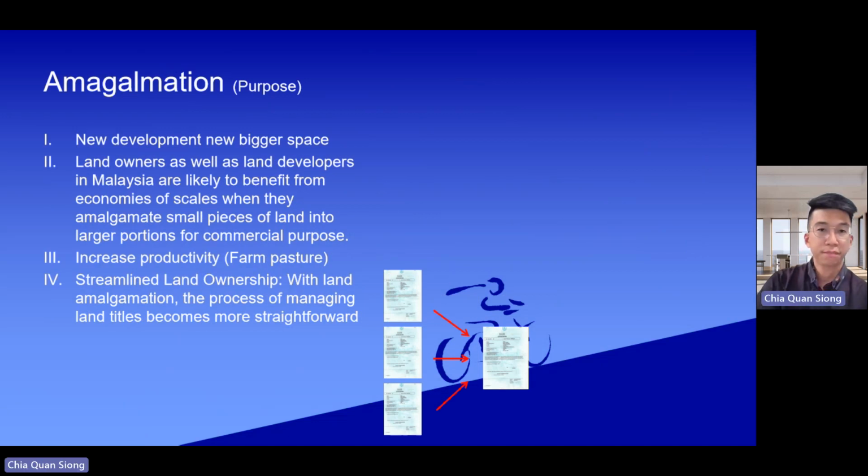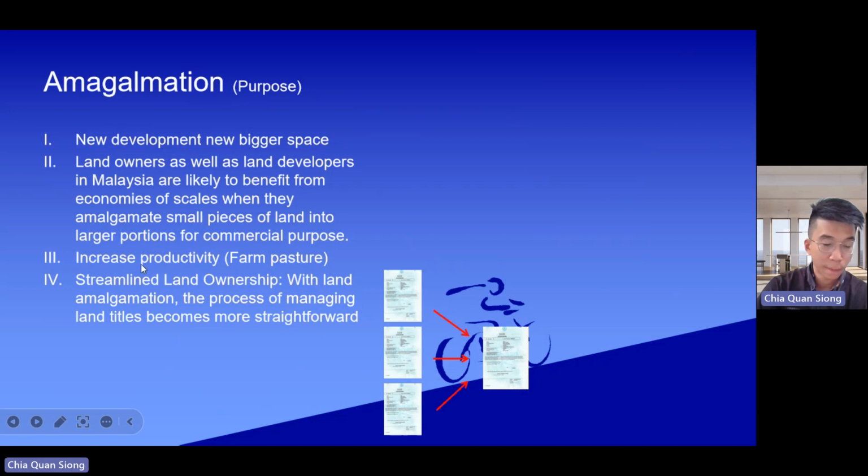The amalgamation purpose: when there is a new development, they need a bigger space, so they will amalgamate the land. Also in Malaysia, developers are likely to benefit from economies of scale when they amalgamate small pieces of land into a larger portion for commercial use.